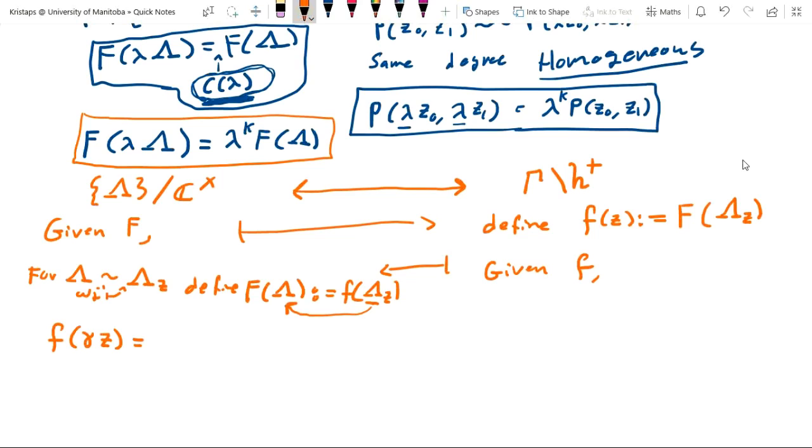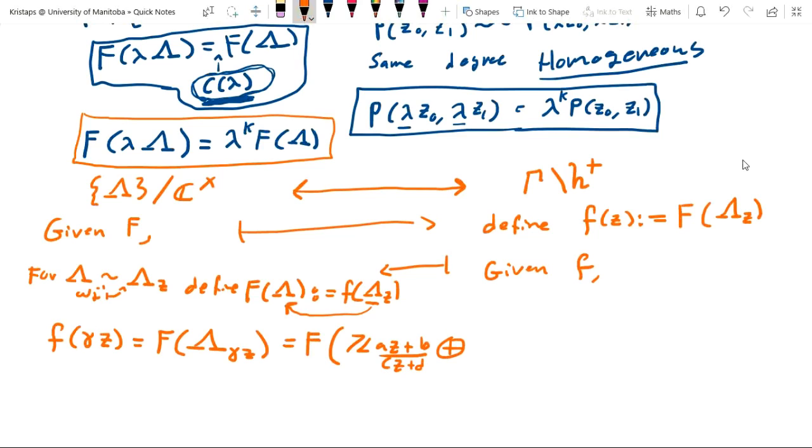And now by this dictionary we've set up, I know I can rewrite this as f evaluated at lambda sub gamma z. So if I consider the entries of gamma to be a, b, c, d, I can then rewrite this as the integer span of gamma applied to z, which is just az plus b over cz plus d.